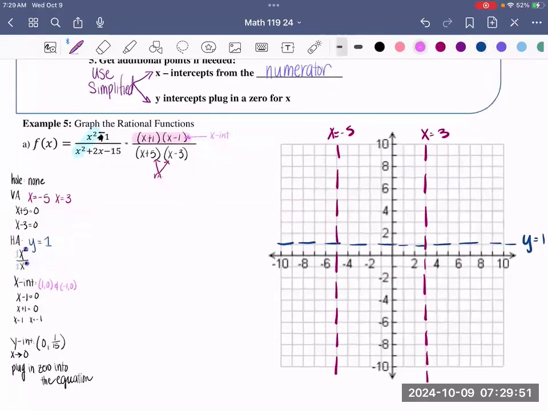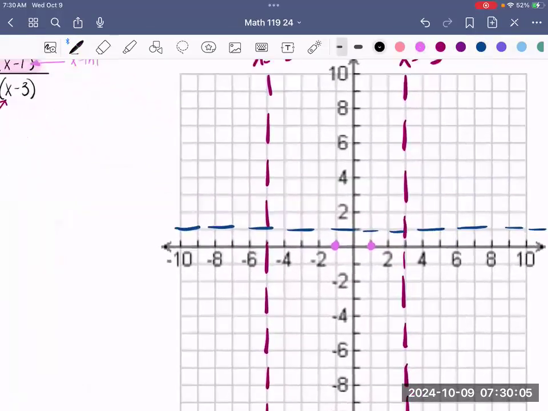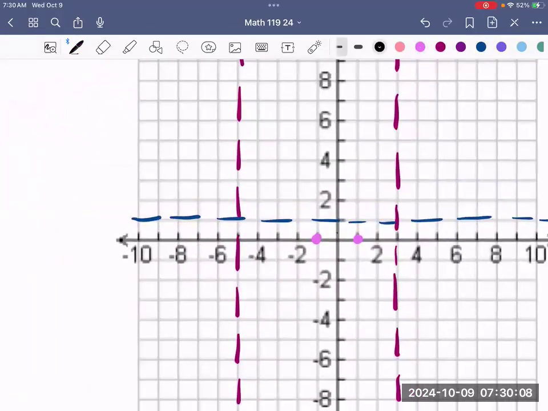So we have your x-intercepts at -1 and 1. Let's see, we have your y-intercept at (0, 15). That's going to be right there. Maybe I'll make that a different color right there.